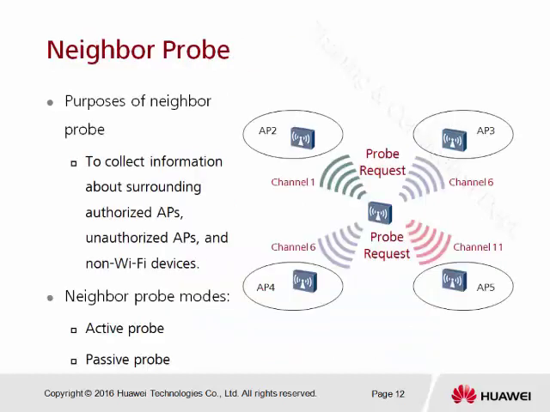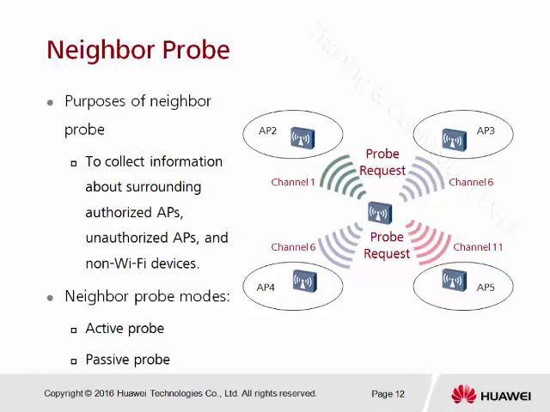The neighbor probe. The purpose here is to collect information about the surrounding authorized APs, including unauthorized APs and also non-Wi-Fi devices. You can see that the AP in the middle sends a probe request to every AP surrounding it.